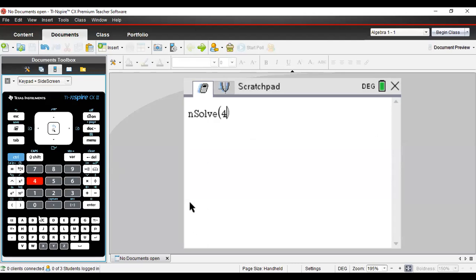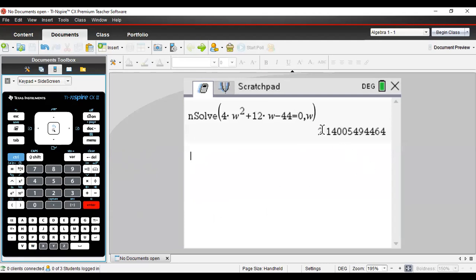So it's going to be 4W squared plus 12W minus 44 equals, oops, that's supposed to be a W, not a P, W, and it equals 0. Then we're going to put a comma, and we're solving for W.